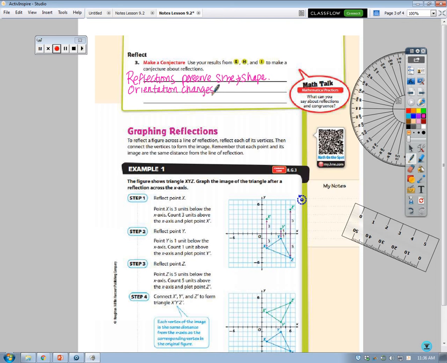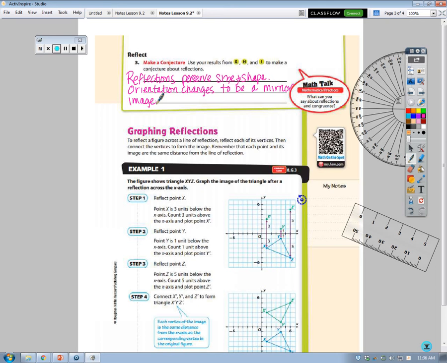And it changes in the fact that it is a mirror image of the original. Orientation changes to be a mirror image, because we flip it across a line of reflection.